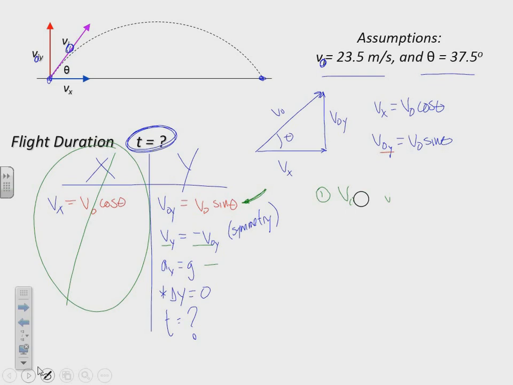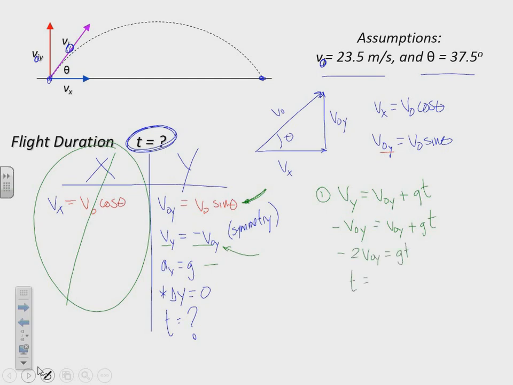We can use final vertical velocity is initial vertical velocity plus gt. I'll write that like this. Well, Vy, we just said, is negative V naught y. And this is negative 2 V naught y equals gt.